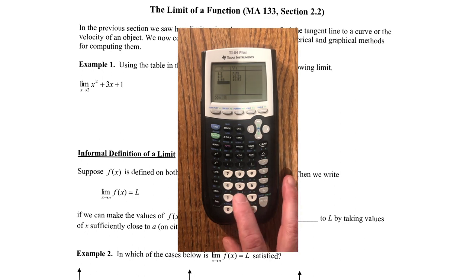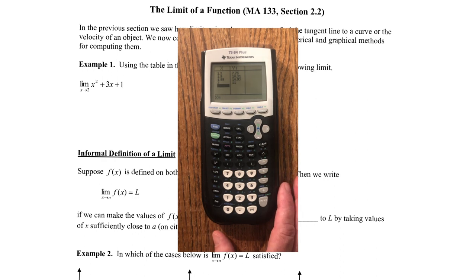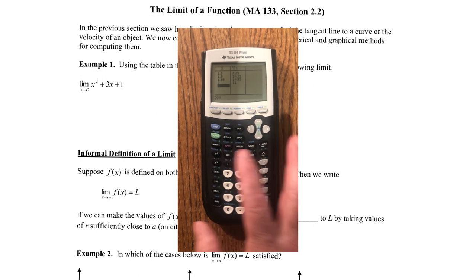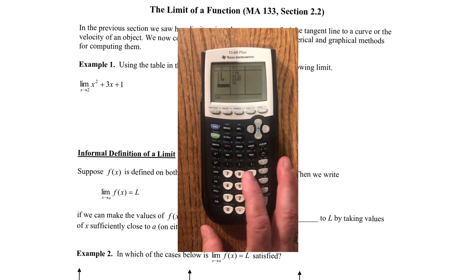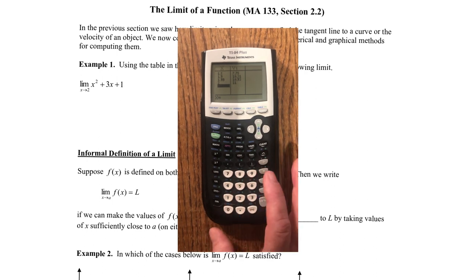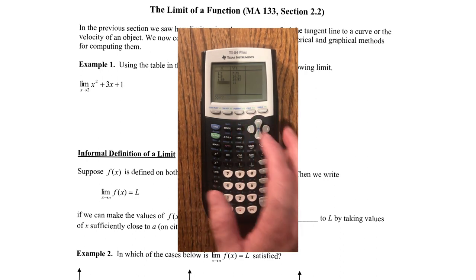And you can plug in 2 right here, and you see that the function evaluated at 2 is 11. But typically what will happen is we won't be able to plug in a 2. When the functions are more complicated, if we plugged in a 2, you would typically get a division by 0. So we're just sort of playing a little bit here to see what would happen if we couldn't plug in 2.